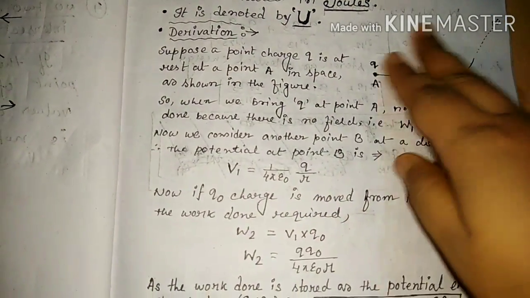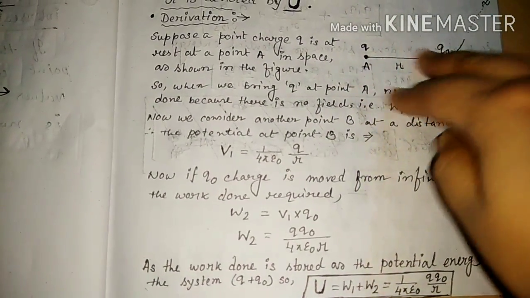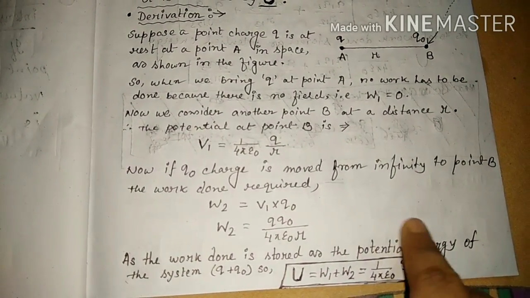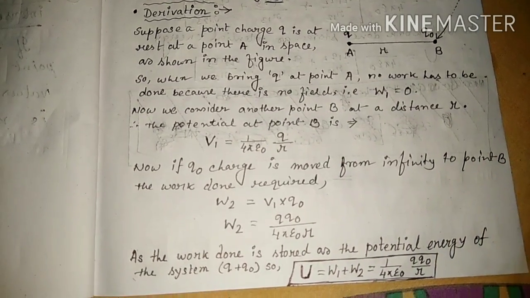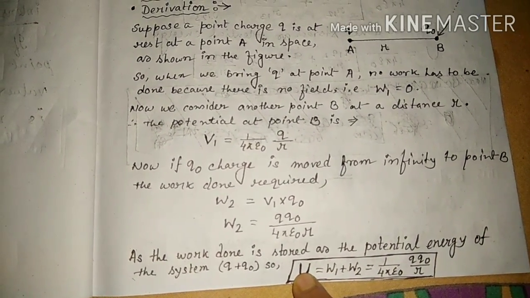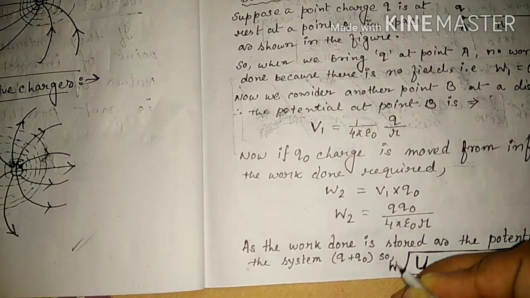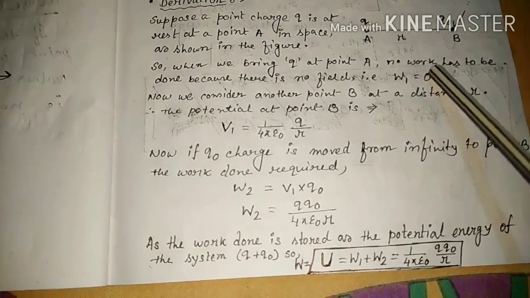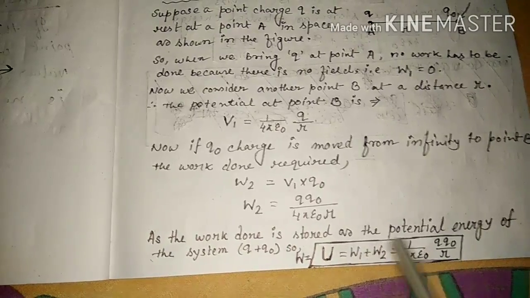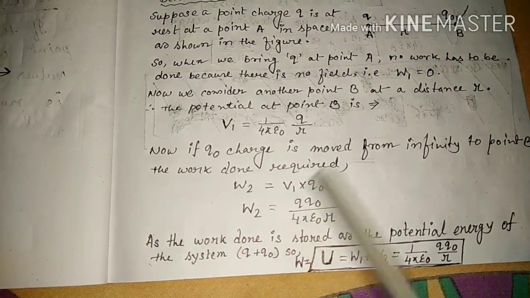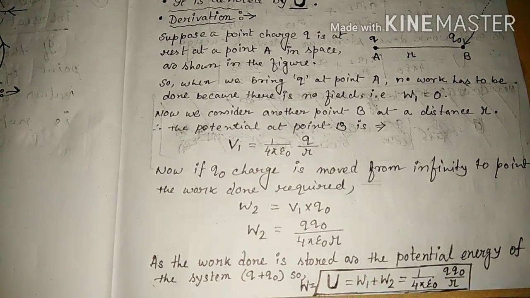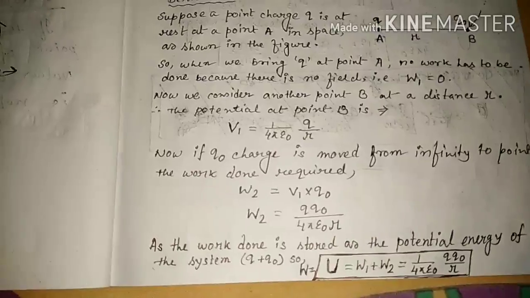The total work done of this system is W equals W1 plus W2, and as we know that work done is stored as potential energy, we can write W equals U equals W1 plus W2. W1 is 0, so only W2 is there. So what is the expression for the potential energy of this system? U equals 1 by 4 pi epsilon naught Q Q naught by R. In place of Q and Q naught, you can also consider Q1 and Q2. No problem.